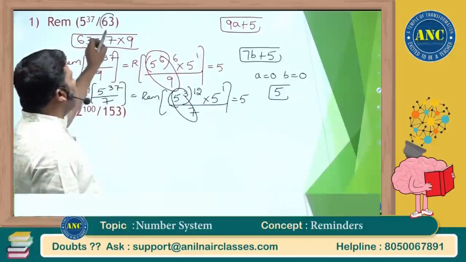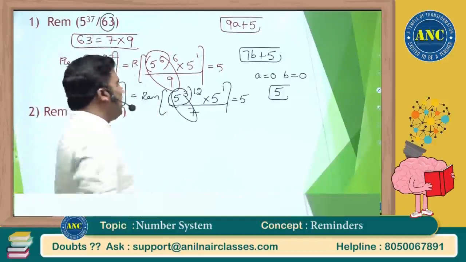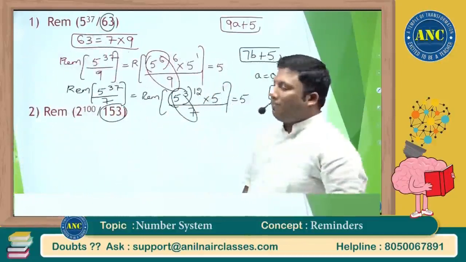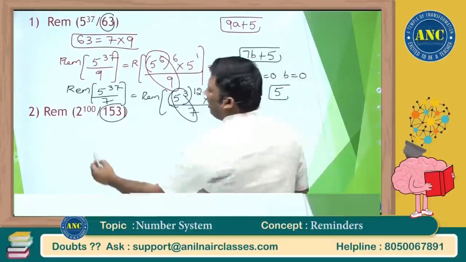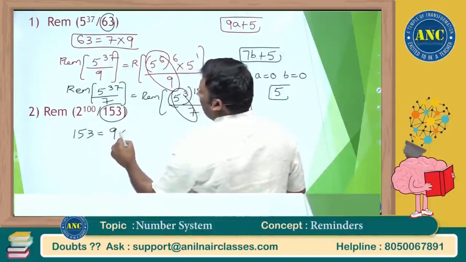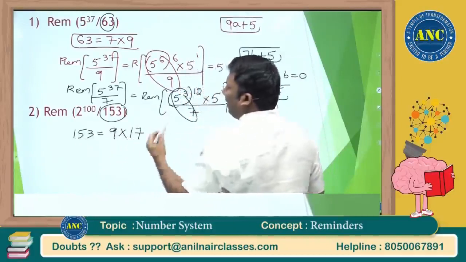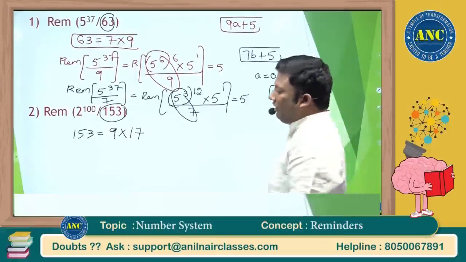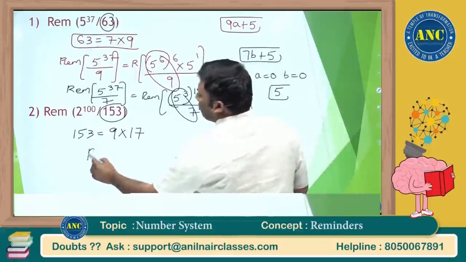Euler's theorem is used when the denominator is a composite number. When the denominator is a composite number, I will use Euler's theorem. Take 153, which is 9 into 17.